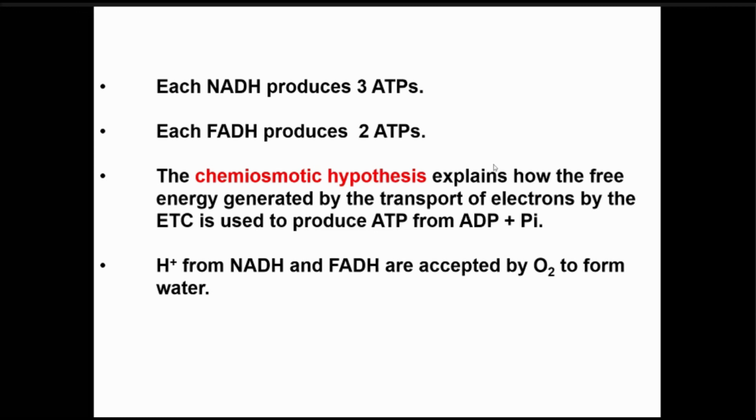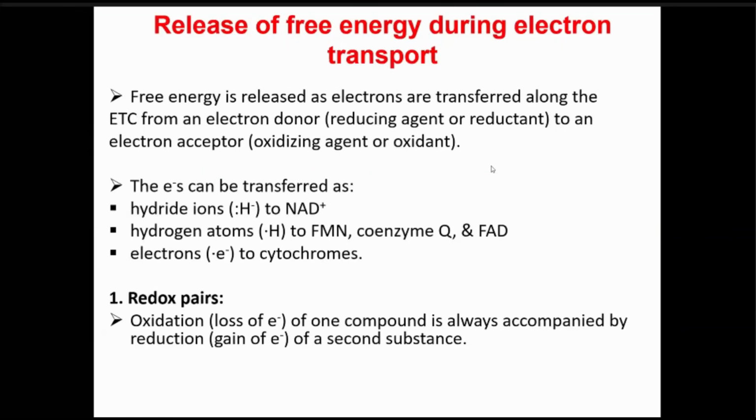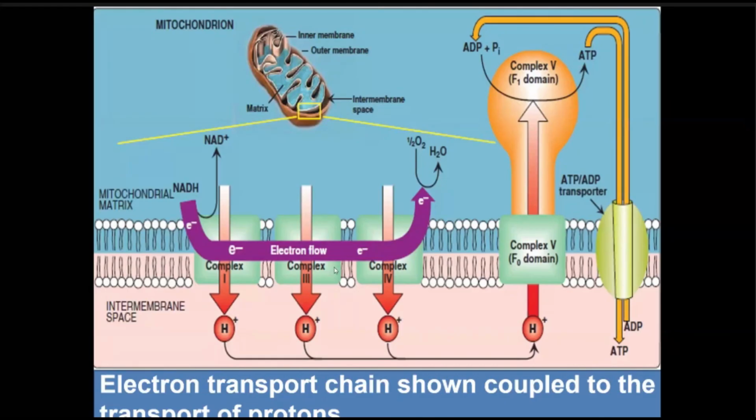Why? This is the point I explained before. For the NAD, there is another complex here. Number 2, as I mentioned, is not written here. The NAD will enter 1, 2, 3, 4, 5. The FAD will go from 1 to 3, and it misses complex 2.